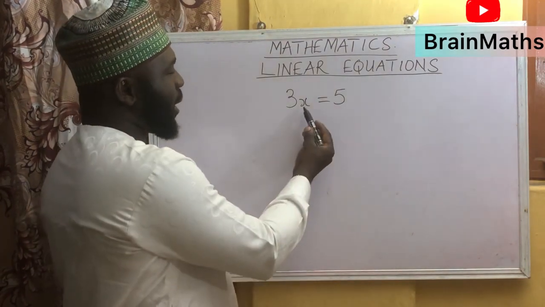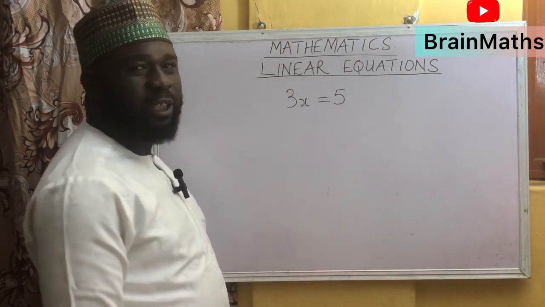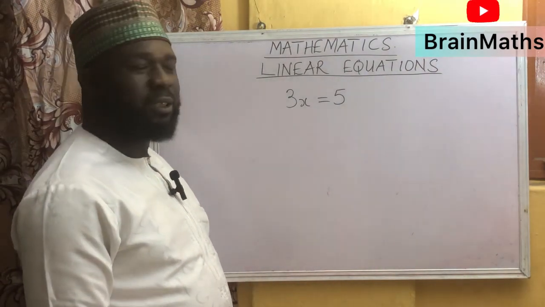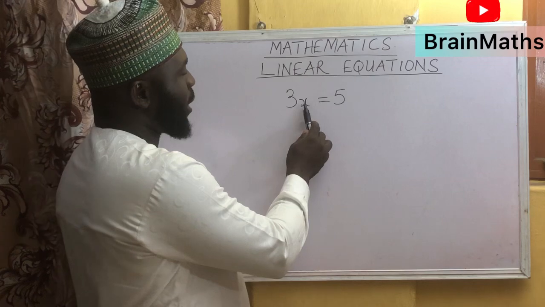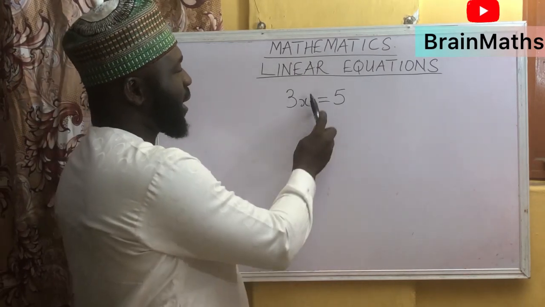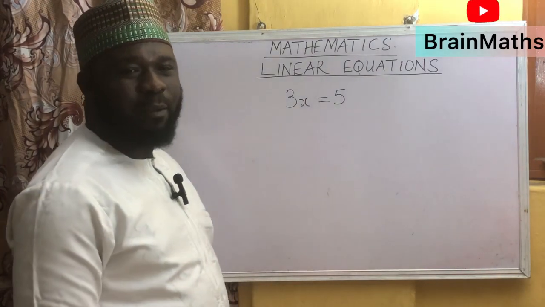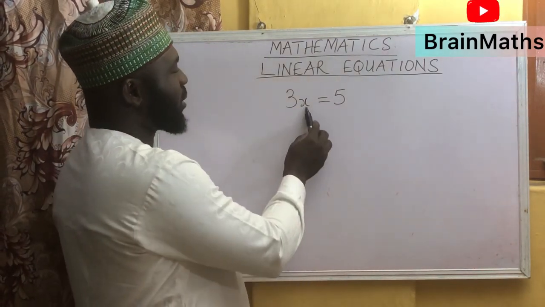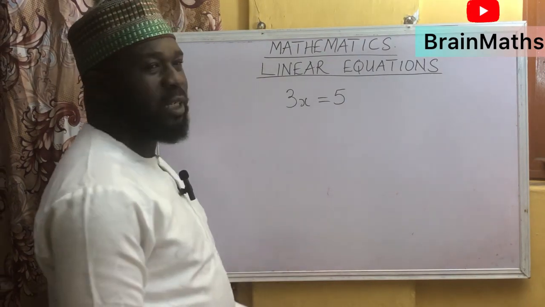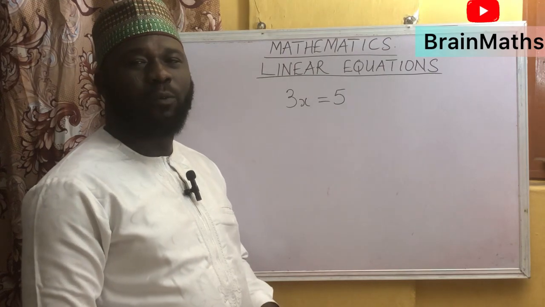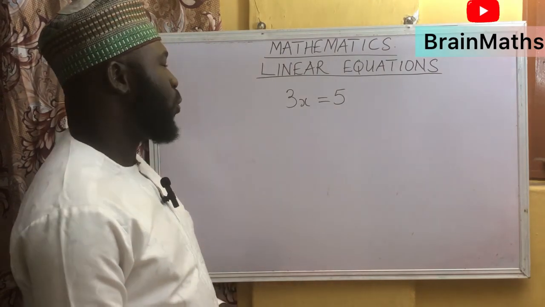If you look at this x, in our previous lessons when we treated the index numbers, we said that whenever we are given an alphabet or a variable that is not carrying any power, it is the same as having a power of 1. So the highest power of x in this regard is 1.